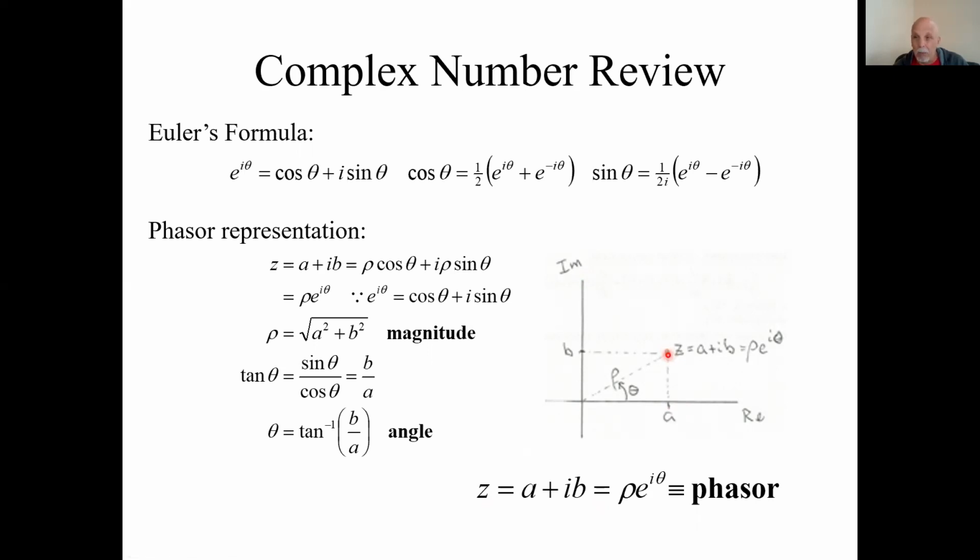So here's where that complex number is. I can express that in polar coordinates. In effect, this is the rectangular coordinate way to express a complex number. I can express it in polar coordinates as a magnitude or a distance from the origin and an angle up from the real line.